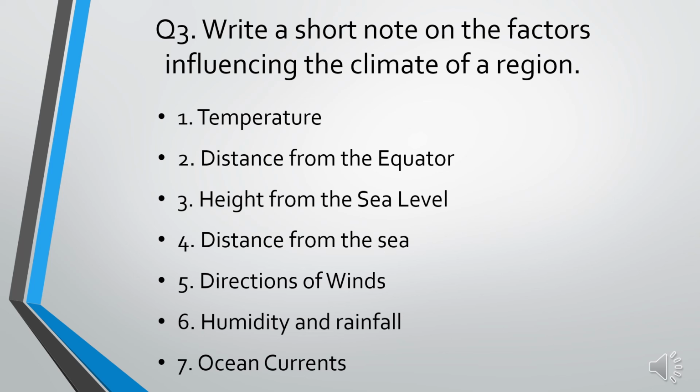The answer is, the factors influencing the climate of a region are: first, temperature; number 2, distance from the equator; number 3, height from the sea level; number 4, distance from the sea; number 5, directions of winds; number 6, humidity and rainfall; and number 7, ocean currents. Now all these factors influence the climate of a region.